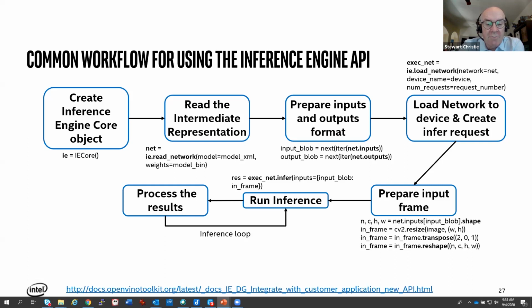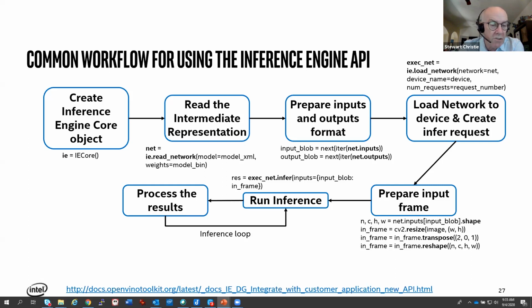So take your nice big HD 1080p image and shrink it down to 224 by 224, and then, as I say, maybe change some of the colors around, or the height and the width. We're using OpenCV here, in that cv2.resize, the transpose and reshape calls to do that. So OpenCV is installed with OpenVINO.